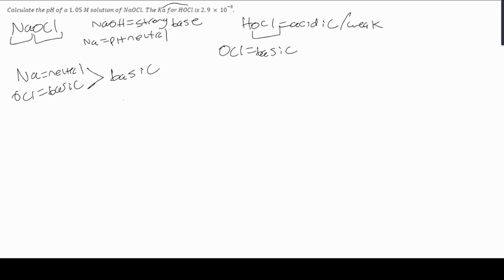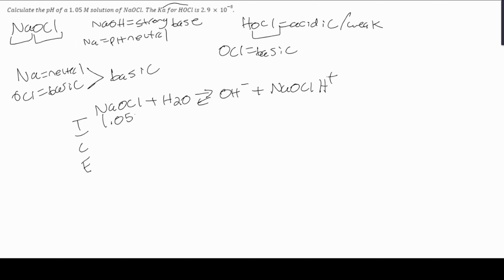So let's write a base dissociation. NaOCl plus H2O is going to give hydroxide plus NaOClH plus. So let's make an ice table, and we're starting off with 1.05 molar.